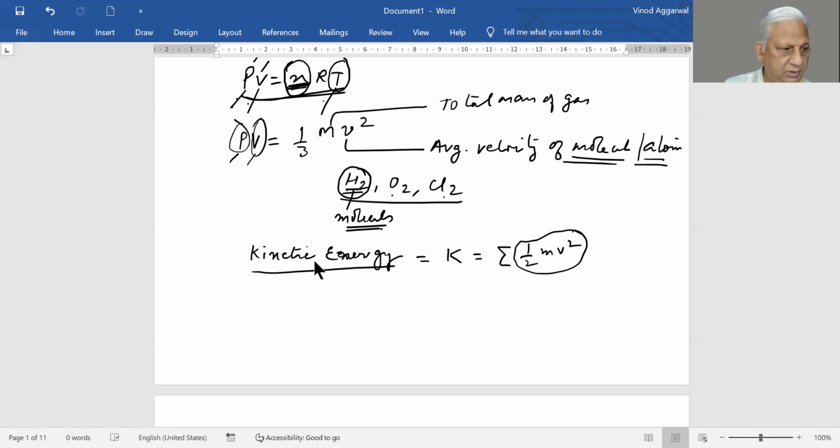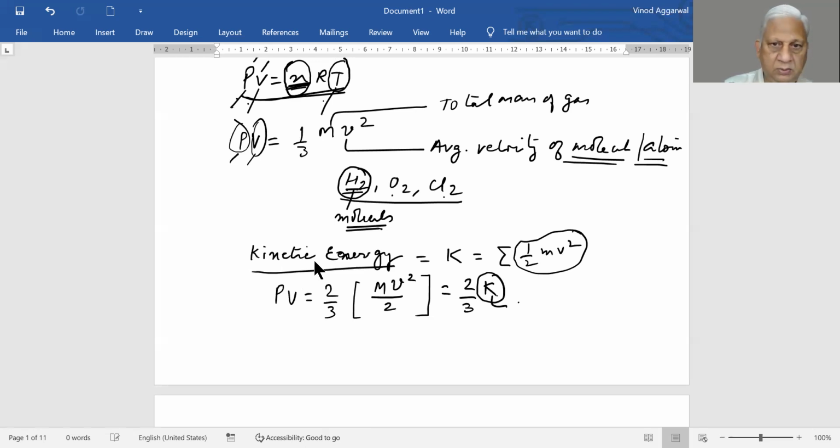This can also be written as v square equal to 2/3 K. What is K?